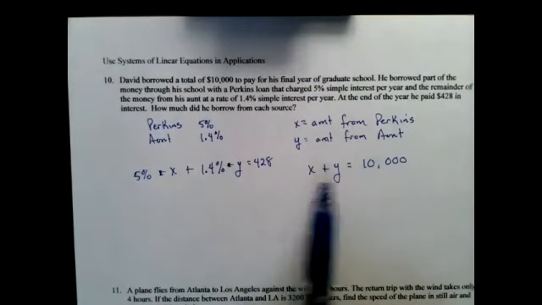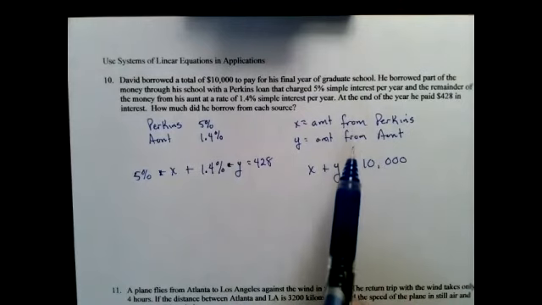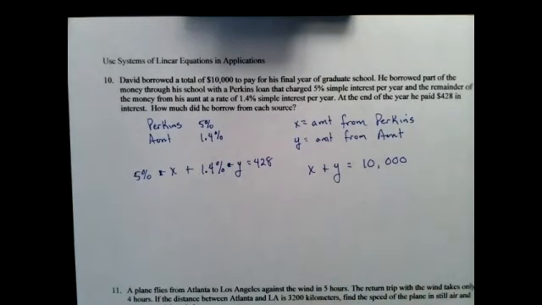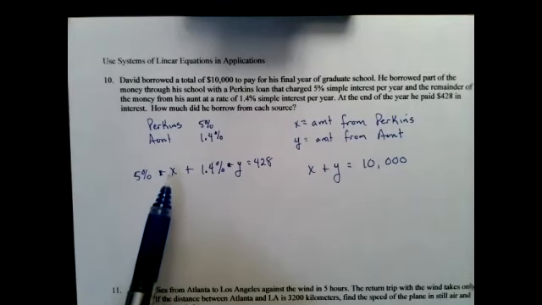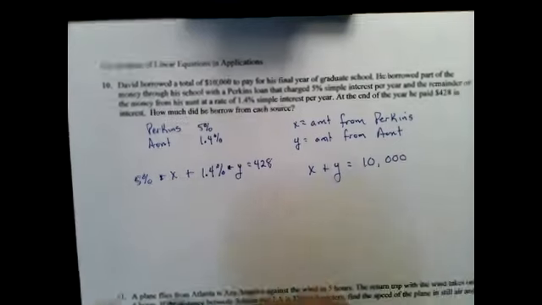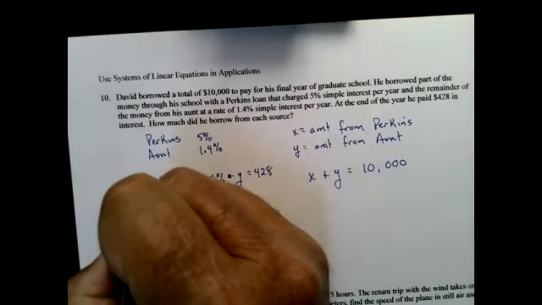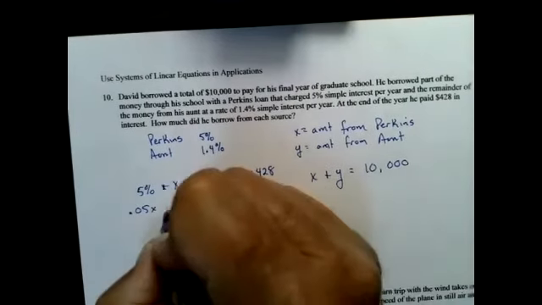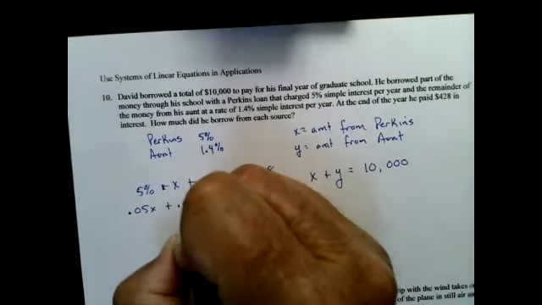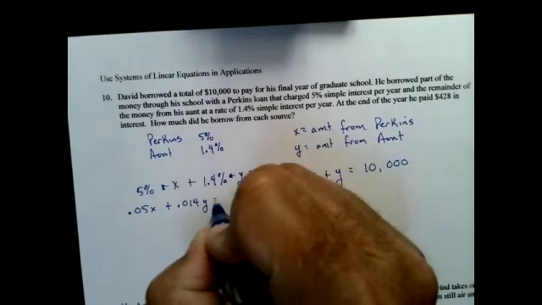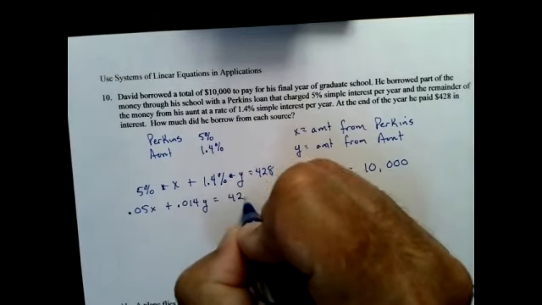Here's a nice clean equation. The amount from Perkins and the amount from his aunt is $10,000. Here's one that's not so clean, but we can clean that up. This becomes 0.05x plus 0.014y equals 428.